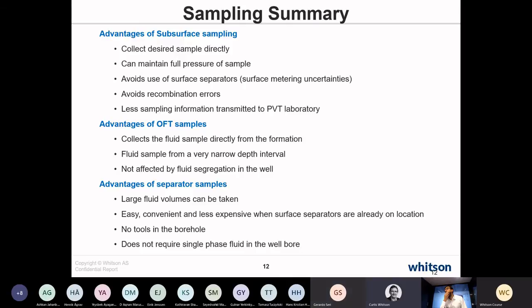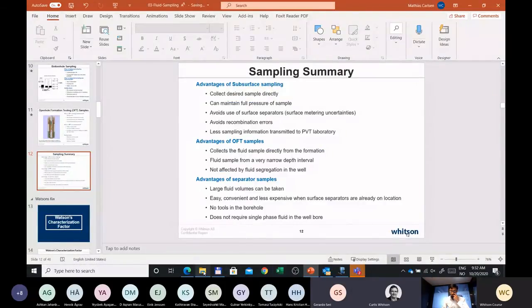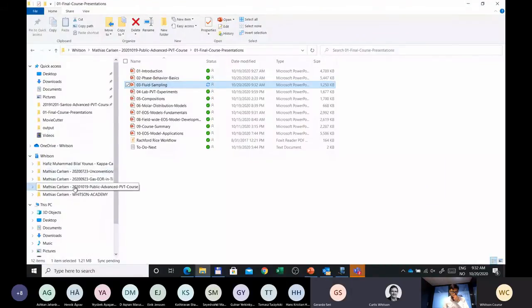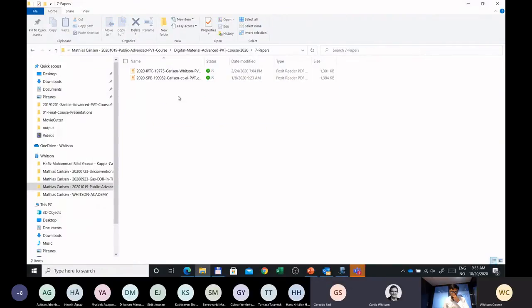The original Hoffman-Crump-Hocott paper, which we also provide in the course materials, is the famous QC of separator sample compositions. That paper actually shows a truck-mounted wellhead isokinetic sampling system, so it was developed commercially back around 1950.